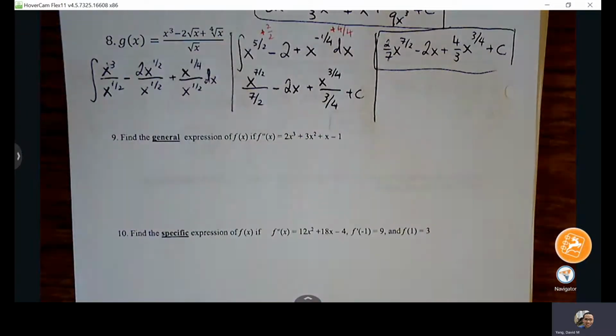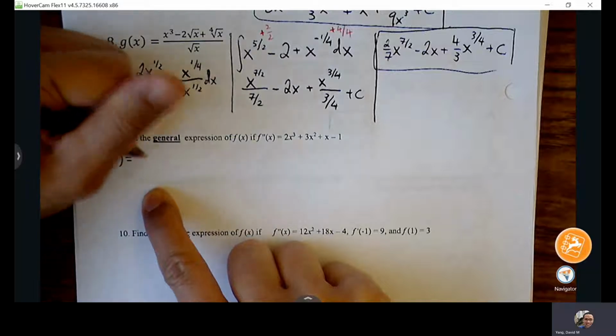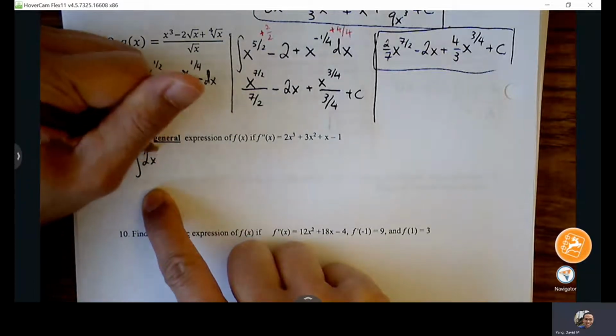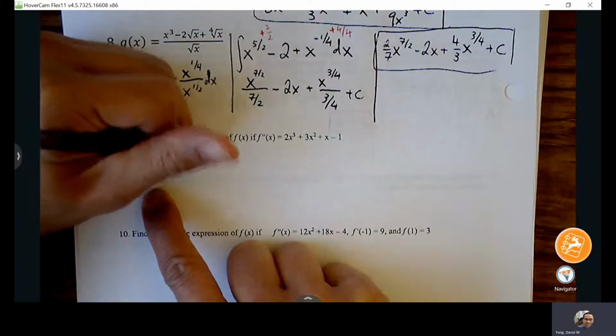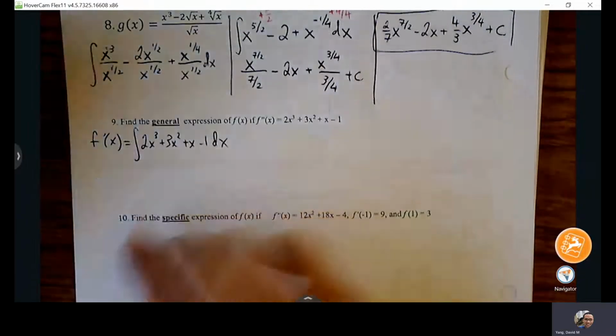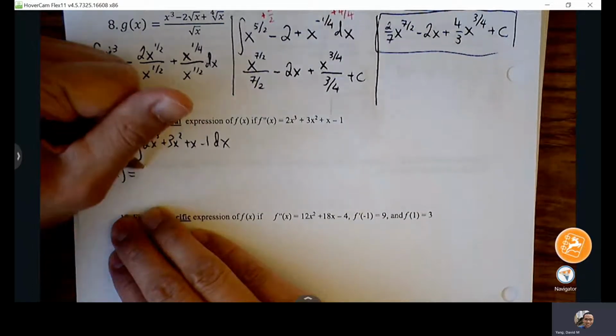Okay, number 9, find a general expression starting with f double prime. So take the antiderivative twice, and each time you find the antiderivative, a plus c will show up. The nice thing is that every term is set up and ready for power rule. There's no need for us to do any cleanup. We can jump directly into power rule.